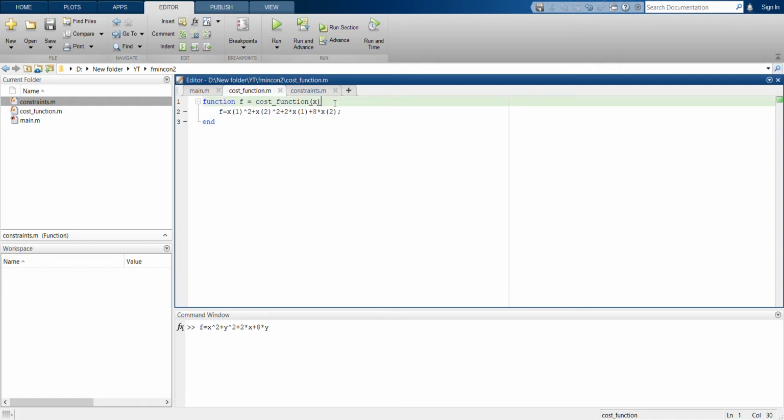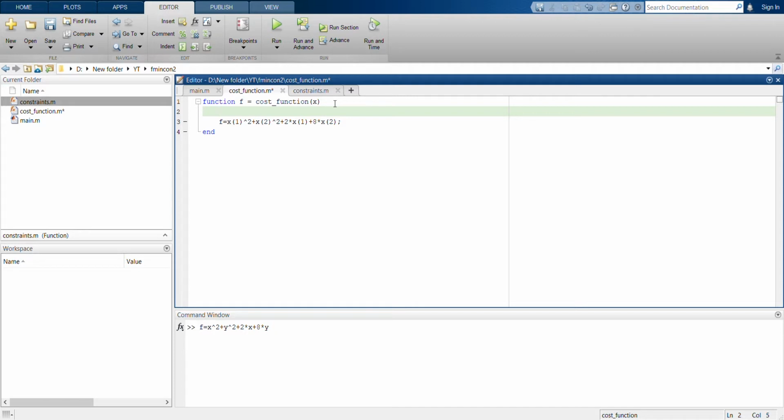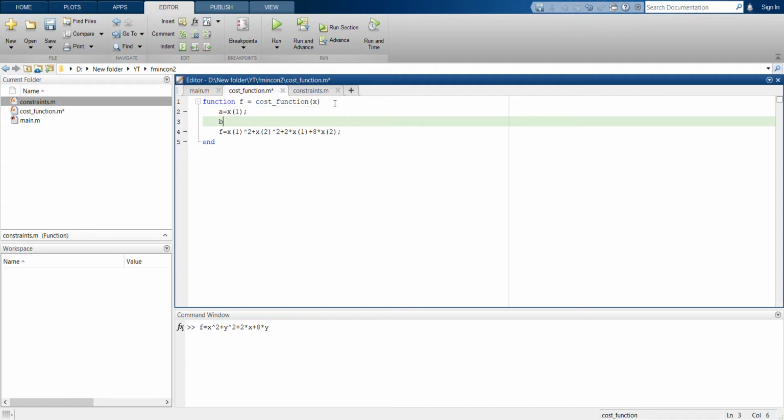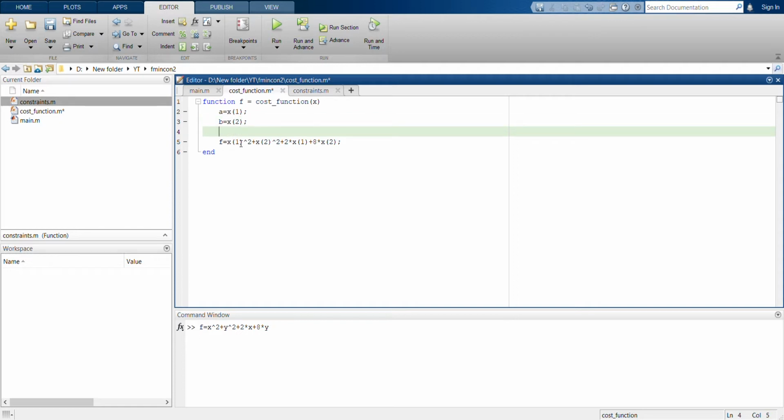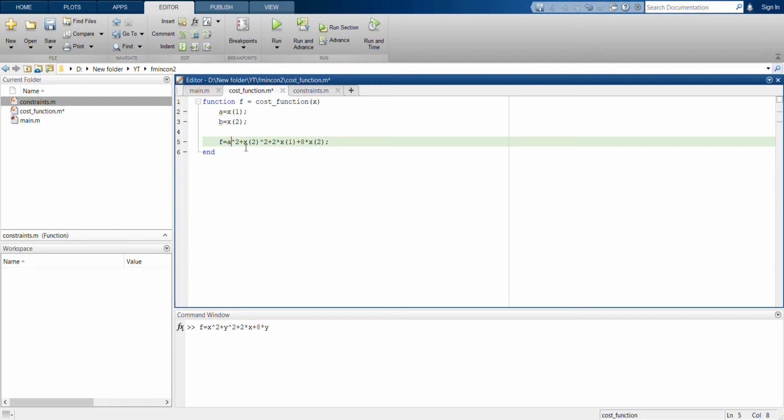If you want to make it much easier, you can consider, for example, a equals x1 and b equals x2, and then instead of x1 you can put a, and instead of x2 you can put b, and same goes over here.